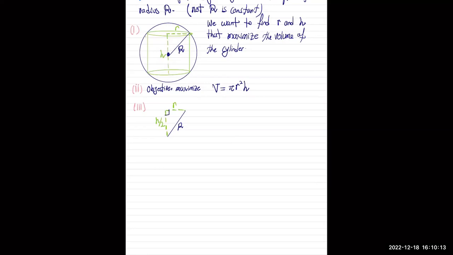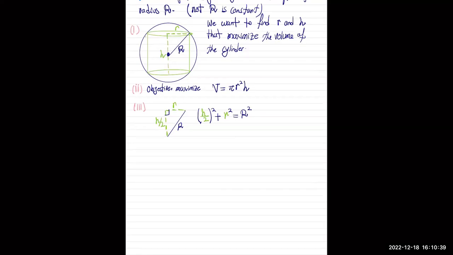Here we have H over 2 squared plus little r squared equal to capital R squared. Remember that capital R is a number. It's a known given value. It's not a variable, it's not something you're trying to find.